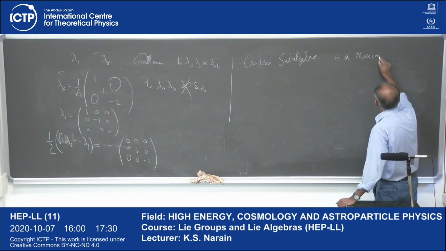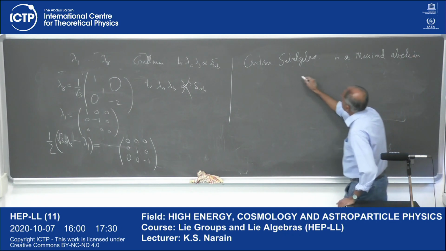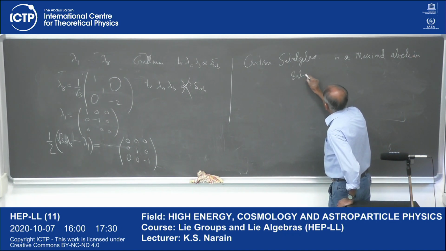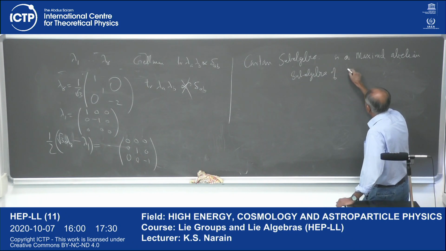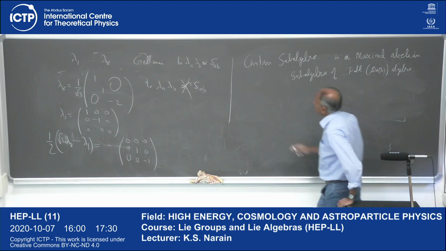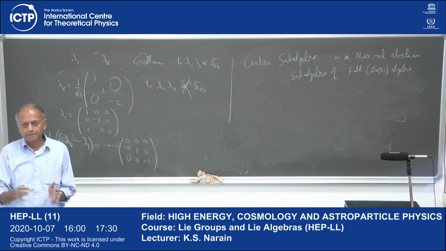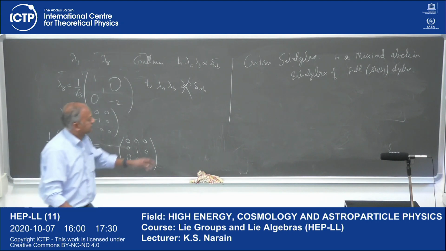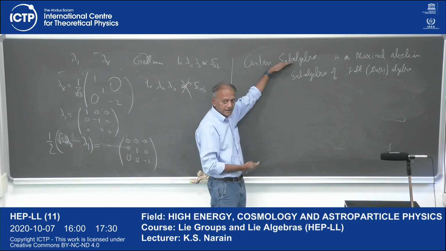A maximal abelian subalgebra of the full algebra, SU(3) in this case. It's a subalgebra, of course, which means that the commutator of any two elements inside it should again be contained in the subalgebra.